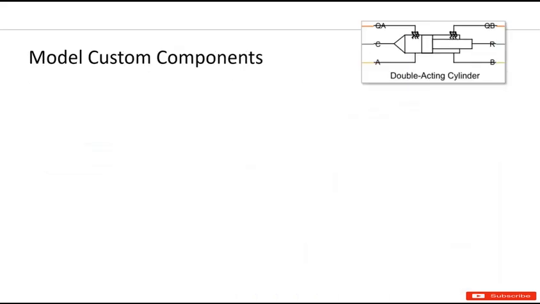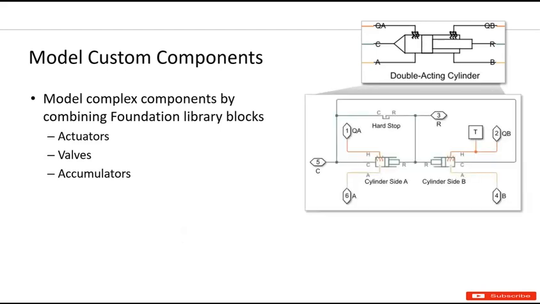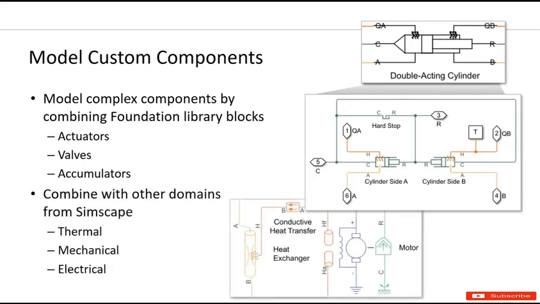And as I said, you can also model custom components, meaning you can create your own blocks. So from already existing foundation library blocks you can combine some of them with other blocks from other libraries and create a new one.